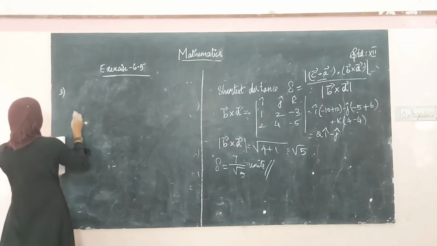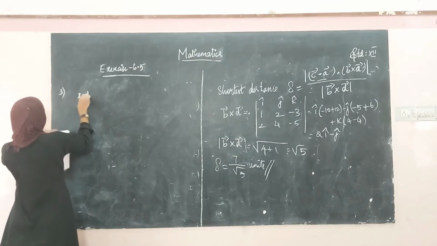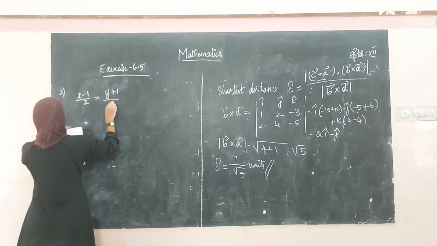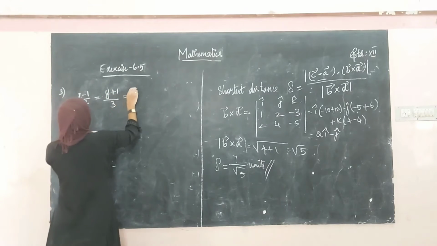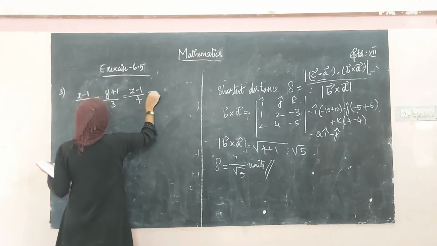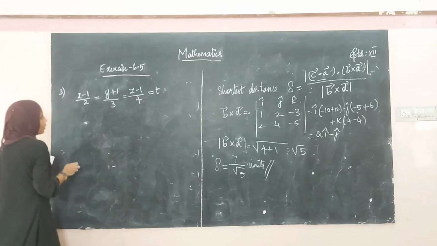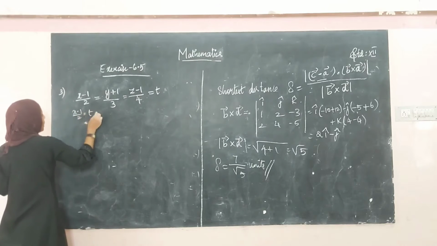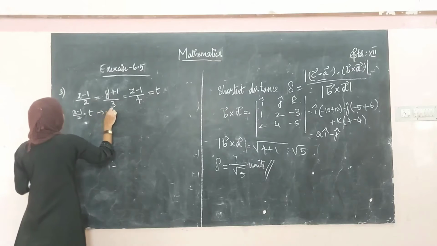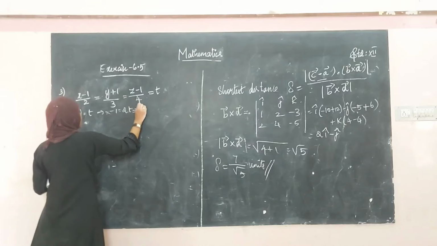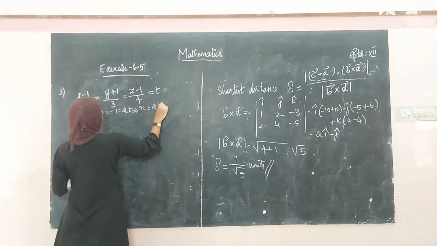What's the first equation? It is (x minus 1) divided by 2 equal to (y plus 1) divided by 3 equal to (z minus 1) divided by 4. Okay, so equate this to t first. So what are the points then? (x minus 1) divided by 2 equal to t means x minus 1 equal to 2t, so x is equal to 2t plus 1.